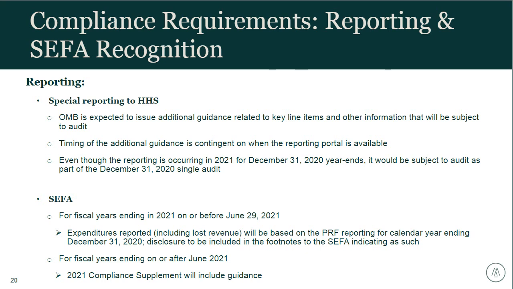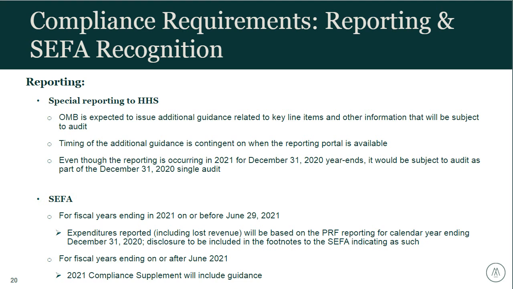What's the format expected to be of that schedule? What's the basis of accounting expected to be? What is the scope of that financial audit for those that would pick that option? It's not clear that we would use the guidance from the Compliance Supplement Addendum to be able to do the financial audit of the provider relief fund for the commercial and for-profit entities.